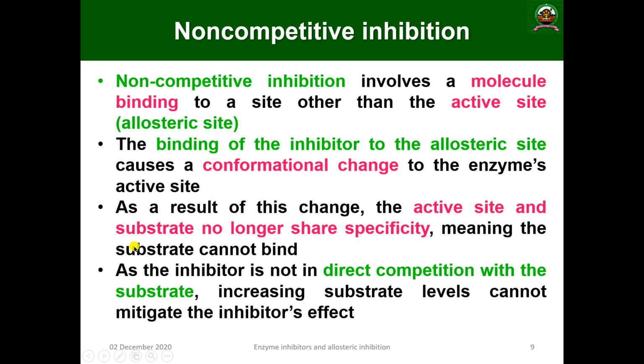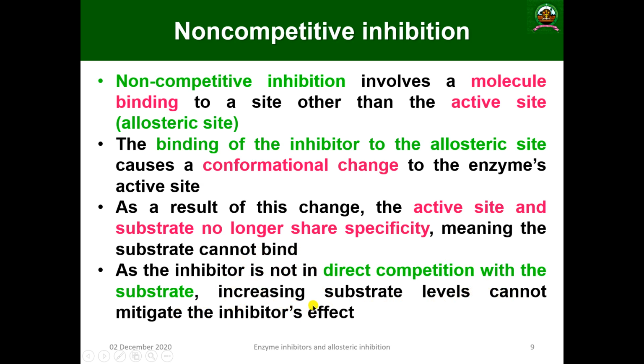This is an indirect method. As a result of this change, the active site and substrate no longer share specificity, meaning the substrate cannot bind. So it's very simple. As the inhibitor is not in direct combination with the substrate, increasing the substrate level cannot mitigate the inhibitor's effect.